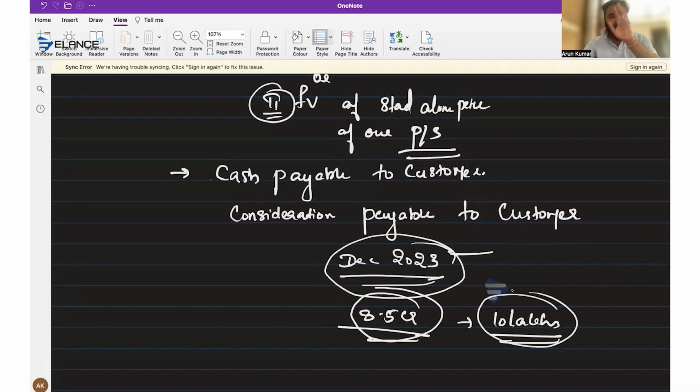So by the time it reaches November, now you are probable that I'm not going to recognize the revenue of 3.5 because I have to pay a penalty. So obviously there will be a delay. I cannot complete my work by December. So according to the contract, now I'm liable to pay this 10 lakhs to my customer as a penalty.